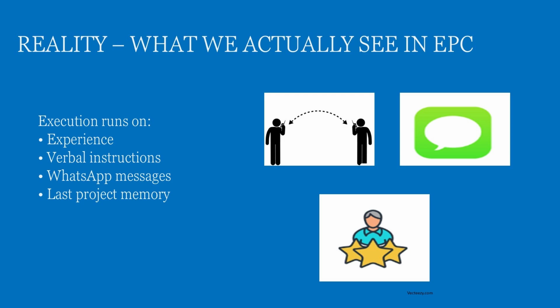And on site, nobody opens these documents. As a result, execution runs on experience or through verbal instructions or WhatsApp messages or lost project memory. And when something goes wrong, we say process was not followed. But the real issue is the process was never clear in the first place.